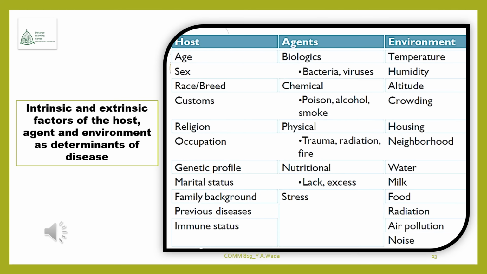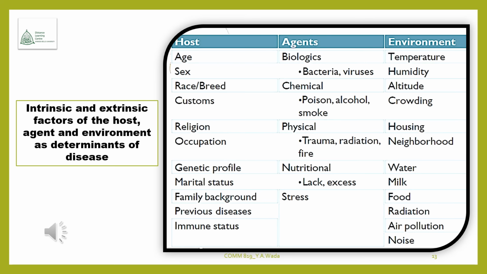Then environmental factors, the external conditions other than the agents that contribute to disease process. And environmental factors can also be physical, biological, social, economic, or political in nature, and can also be biotic or abiotic.